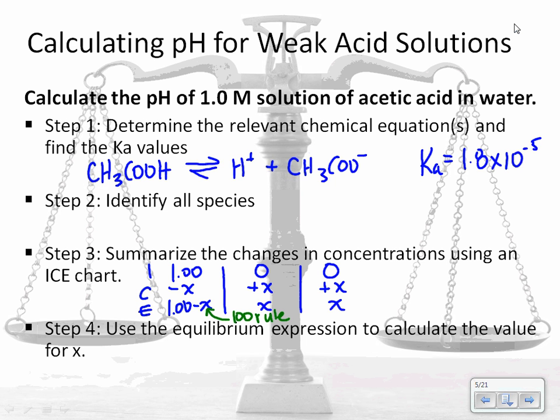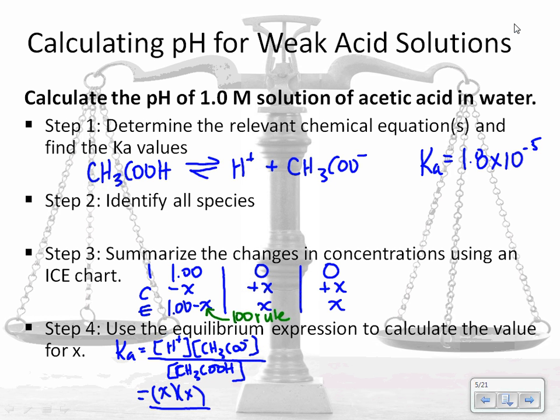So when I get my Ka expression, it's H plus times CH3COO minus all over CH3COOH. And I can plug in my numbers from my ICE chart. So I have X times X, which will end up being X squared, divided by 1, equals, and I gave you the Ka, or you looked it up in the back, 1.8 times 10 to the negative 5.